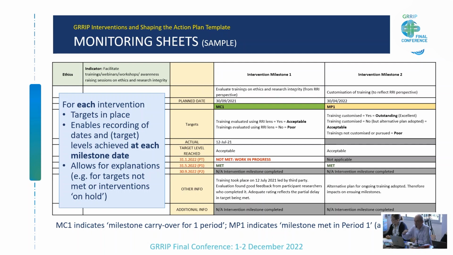So that in sequence, going horizontally down those 3 rows, you can see how progress was made in relation to the different milestones: whether or not the milestone had been met, i.e. the target reached in the timescale set, or whether it hadn't been met, whether it was met by the next time threshold, and so forth. And this was the basis on which assessments were made regarding the progress, or the rate of progress, towards the targets and towards meeting the milestones for each of the interventions for each of the sites as well.